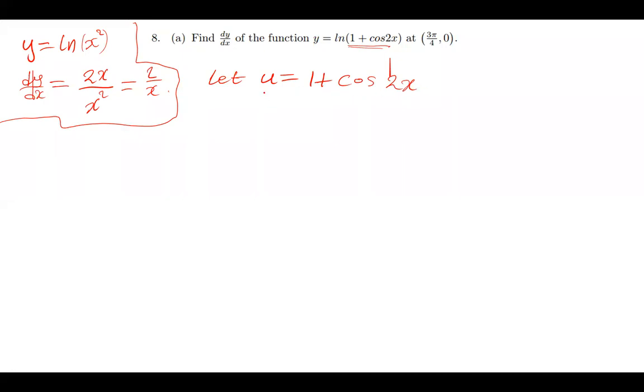So when we find u prime, the derivative of a constant is 0. The derivative of cos 2x will just be negative 2 sine 2x.